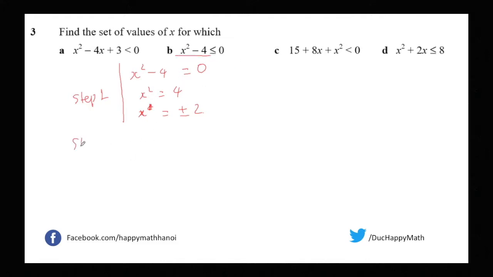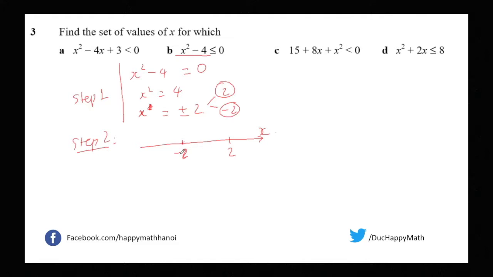So in step 2, you have to put them on the x-axis. And don't forget, you have to arrange the values of x in order. We have 2 and minus 2, which means you put minus 2 here and 2 here. 2 is greater than minus 2, so 2 is placed on the right hand side of minus 2.